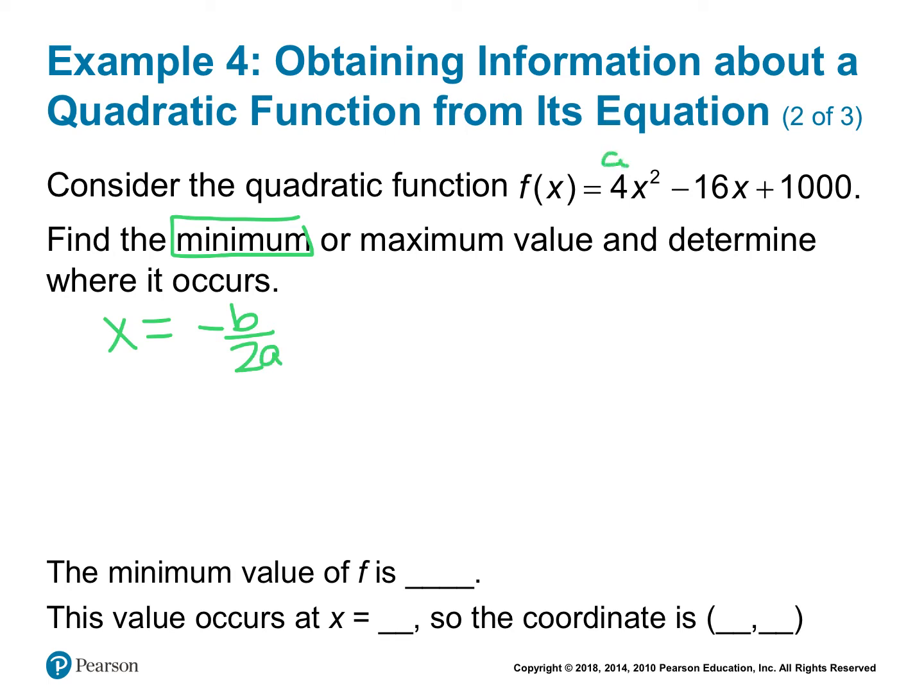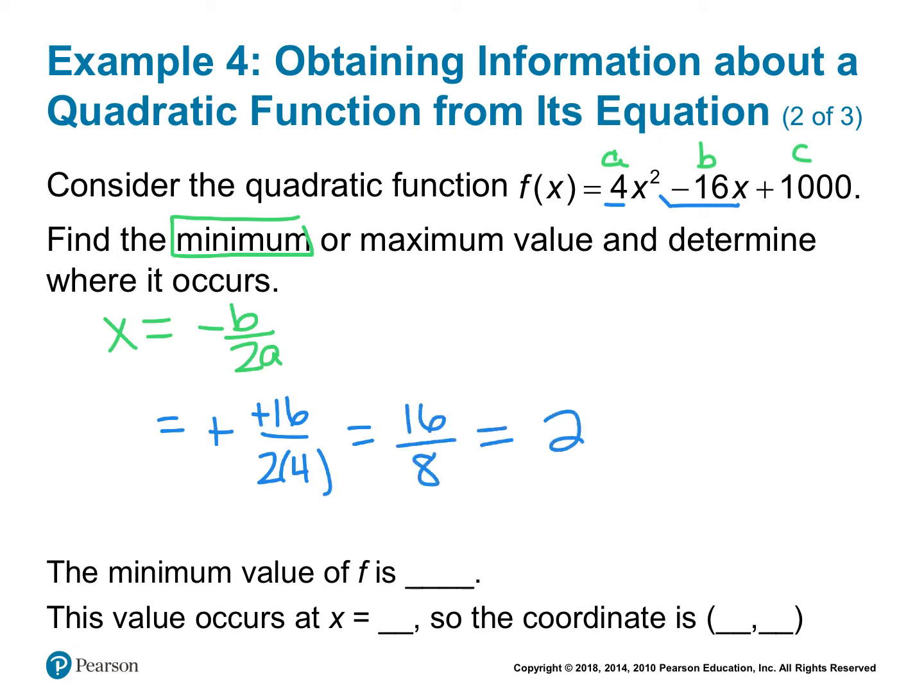So here's my A, B, C. I'd have B is -16, careful there. Then A is 4. So I'd have this double negative turn into a positive 16 over 8, which is 2. And we said that was for x. So x equals 2.